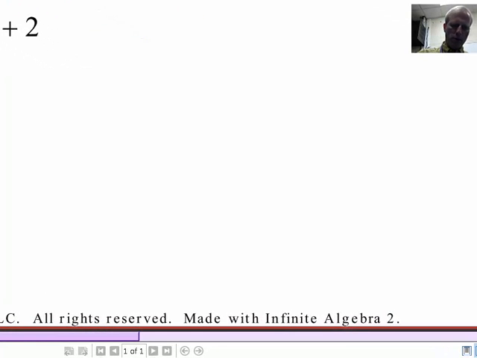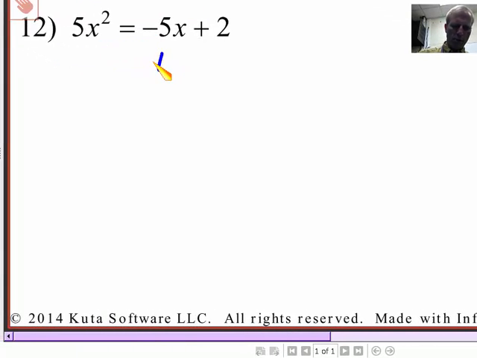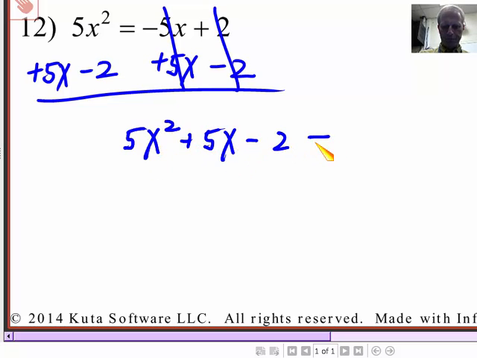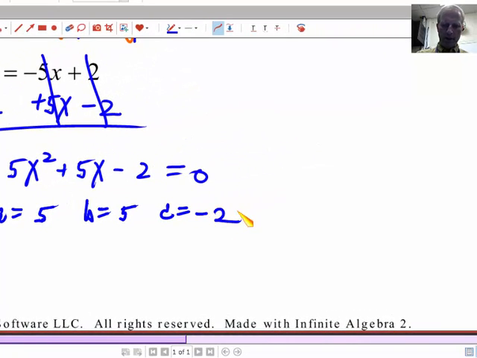So this one I'm also going to be solving using the quadratic formula. So I'm going to move everything to the left. Doing that. Okay, so A is 5, B is 5, and C is -2.